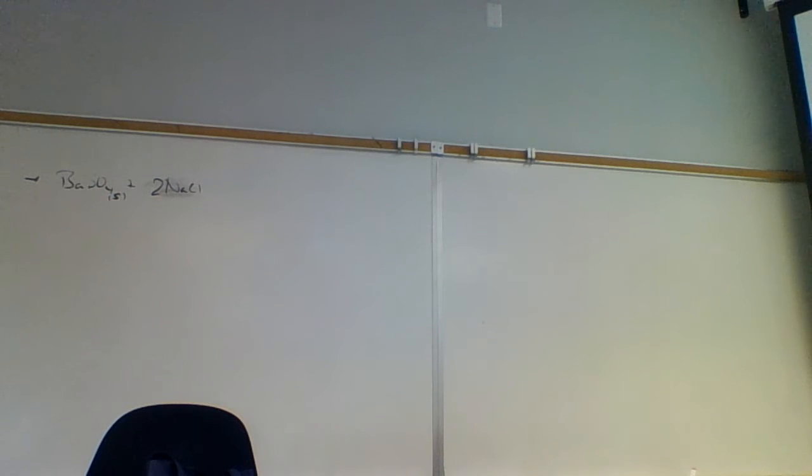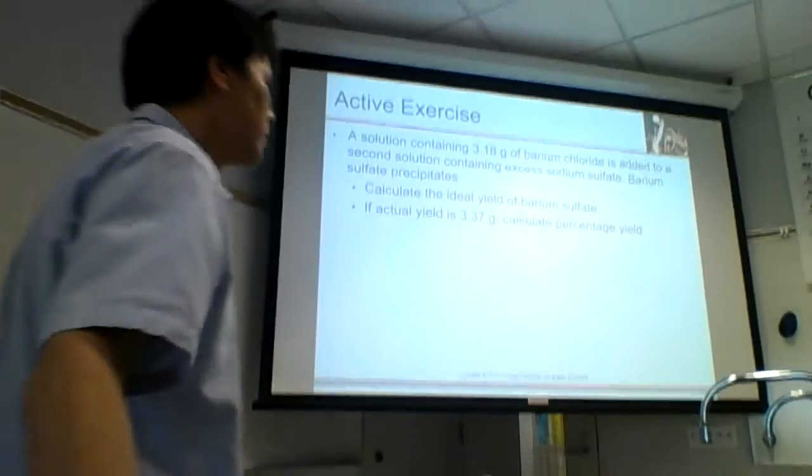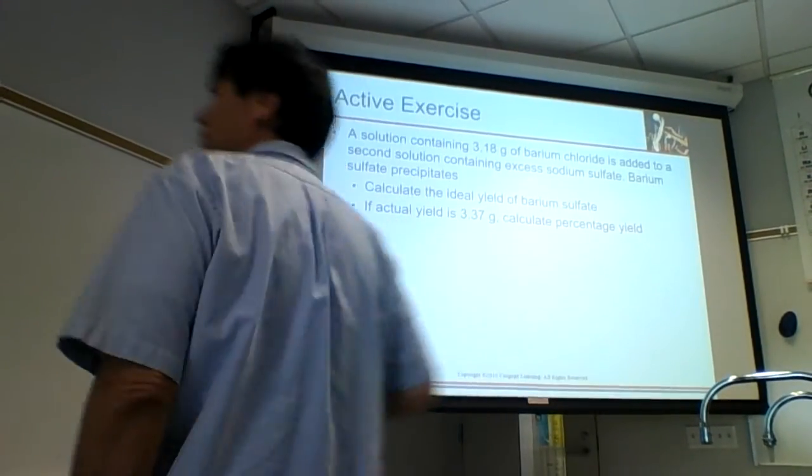And so the yield based on barium chloride. Well, if I have 3.18 grams of barium chloride, then I can just use some stoichiometry to figure out how much barium sulfate that should have yielded. So barium has a mass of 137.33.